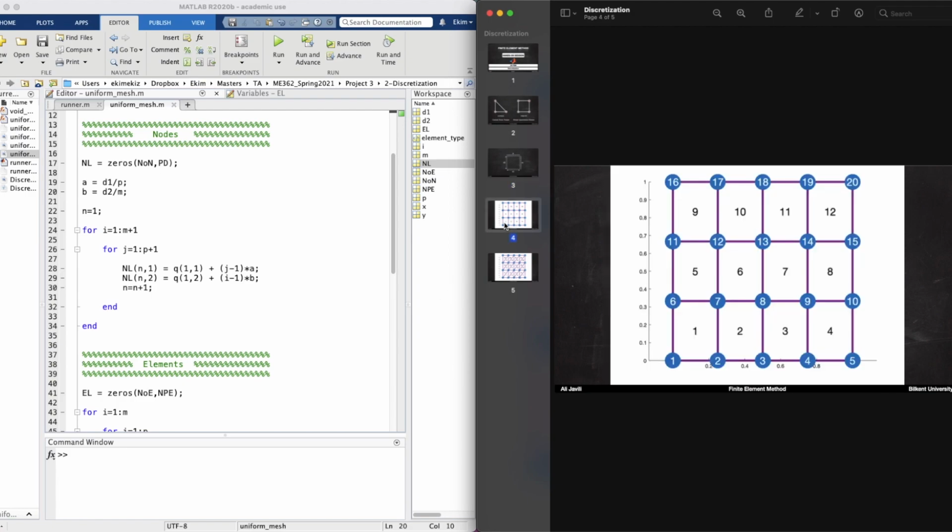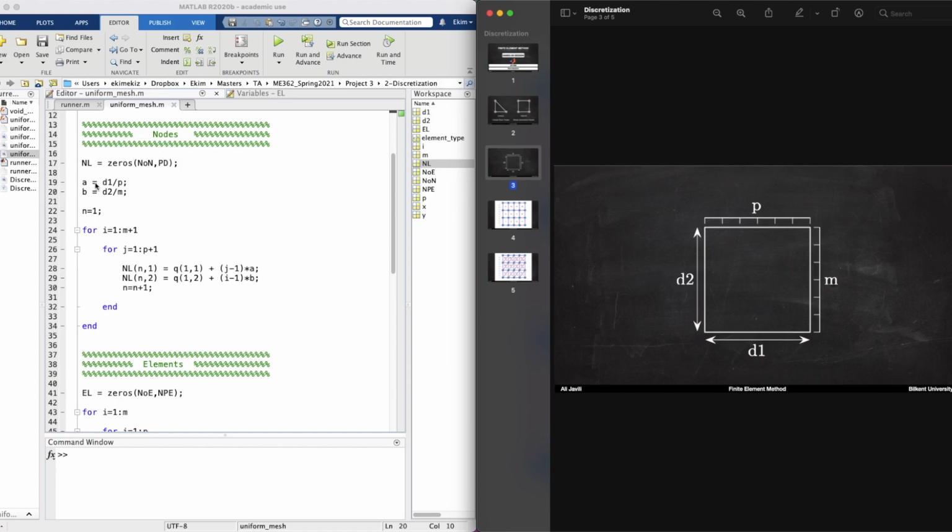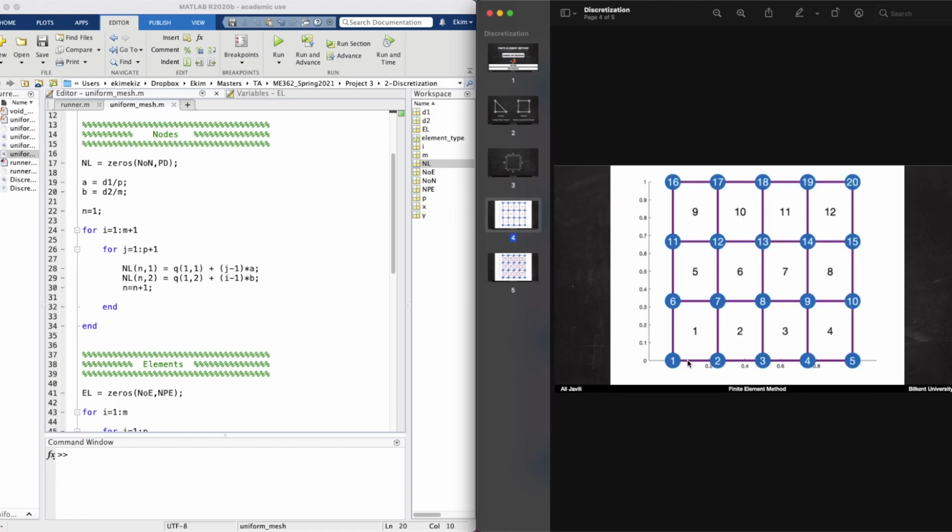So what we will essentially do is we start with our first node on this corner, and then we say the second node should be whatever this increment is times 1 plus the x coordinate of that. That one was 1 over p, I think, A, yes. So this should be the x coordinate of node 1 plus 1a.